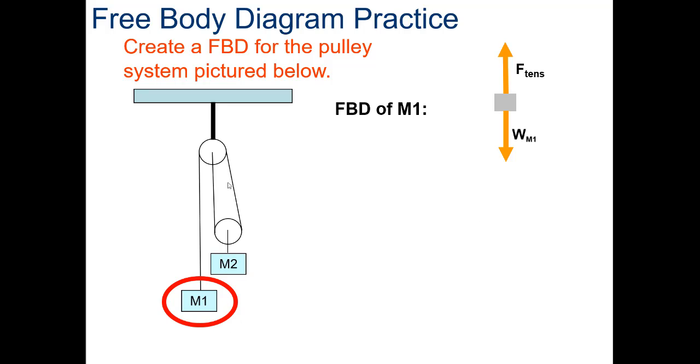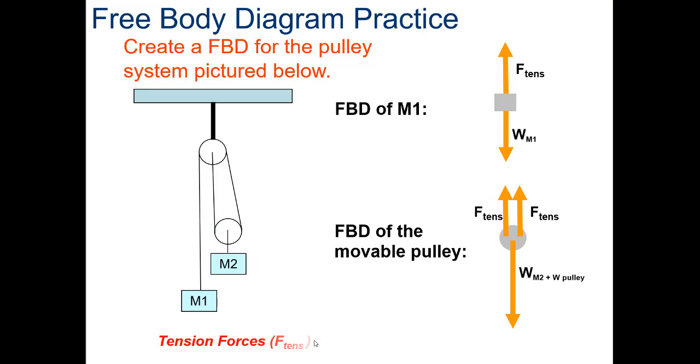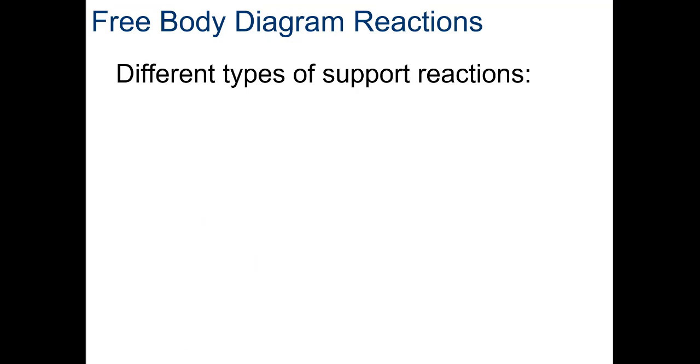Tension. So cables, ropes, and chains are replaced with a force called tension. Okay, the movable pulley has something pulling down on it, gravity, and this. And then it has two cables pulling up on it. So that would be our free body diagram there. Okay.